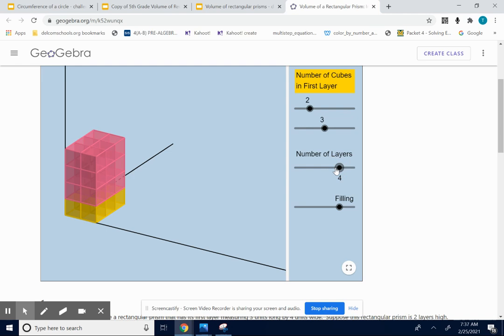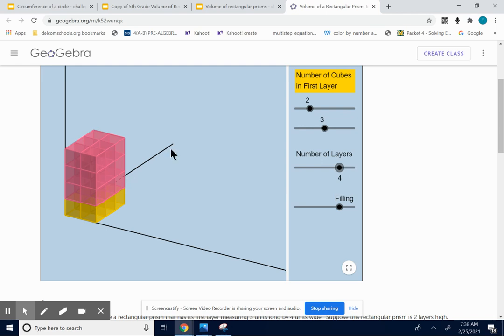And that's what volume is. Volume is the total number of cubes that form a rectangular prism. In this case, we're doing rectangular prisms. So the trick is the formula for the volume of a rectangular prism. If you take the length times the width times how many layers there are, which is the height, that will give you the total number of cubes.